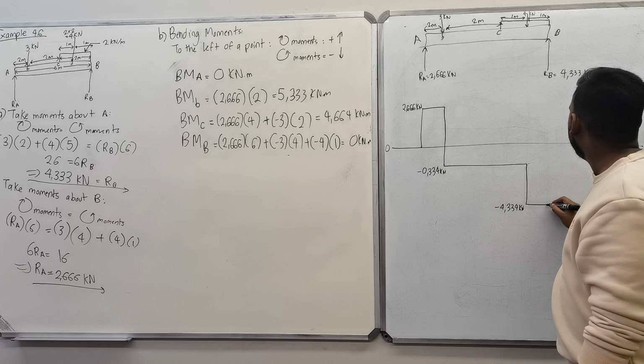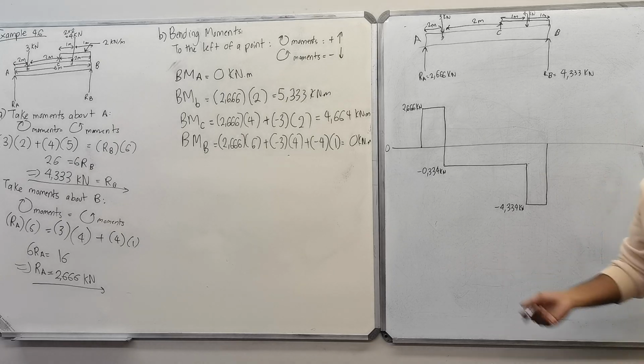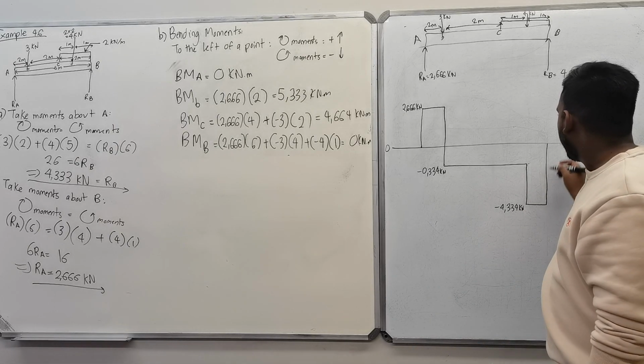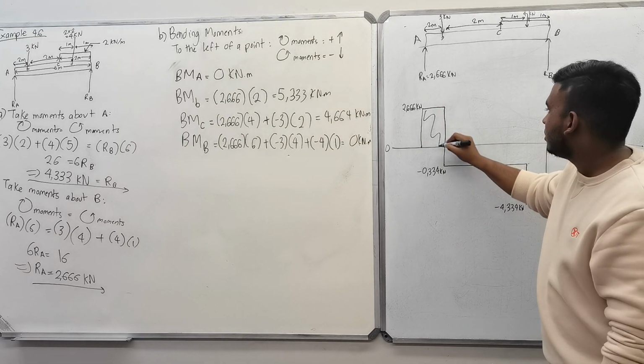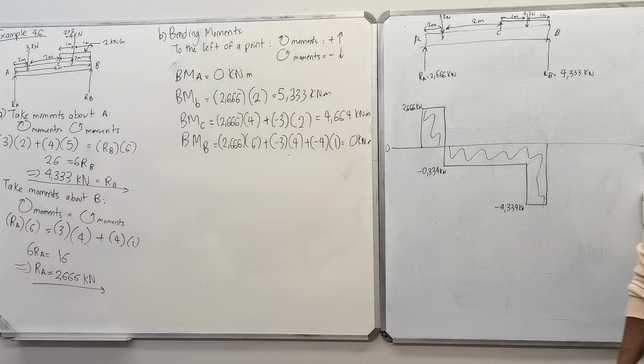That will continue for another meter until your upward force, where you'll add 4.333, which brings it to 0. This here is your shearing force diagram.